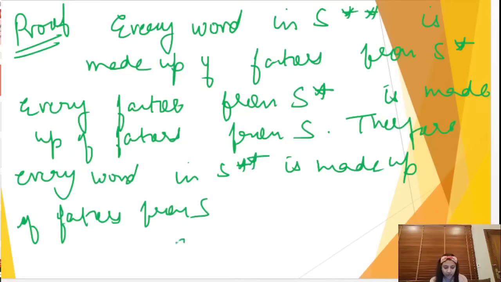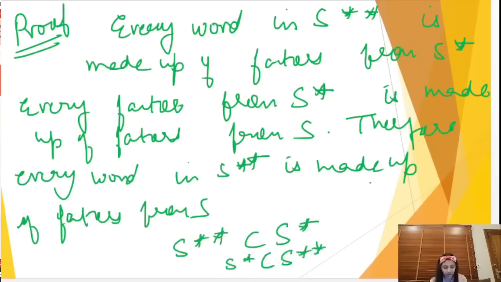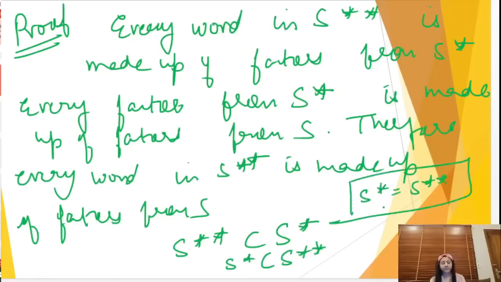So S double star is a subset of S star, and the vice versa is also true, that S star is a subset of S double star. So ultimately we can say that S star is equivalent to S double star. So this proves this statement. Coming to some questions now.